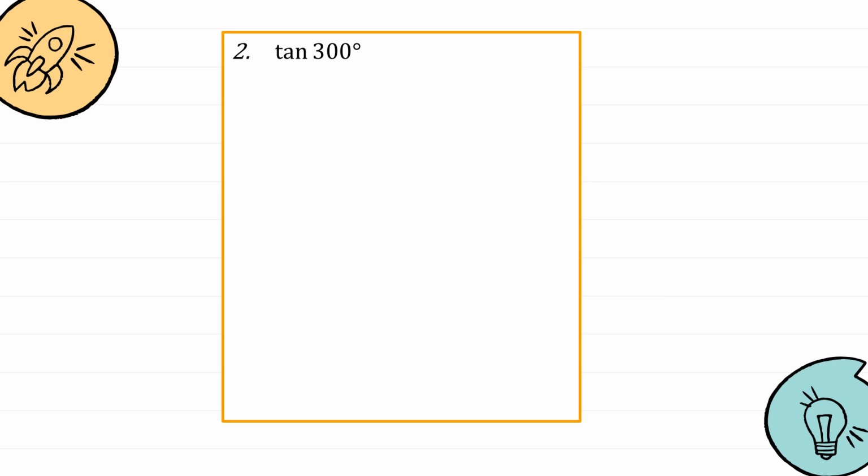Okay, for the second example, we have tangent 300 degrees. So first, we need to identify the coordinates of 300 degrees. And that should be 1/2, negative square root of 3 over 2. Okay? Since we already have your coordinates, we can now identify the exact value of tangent 300 degrees.